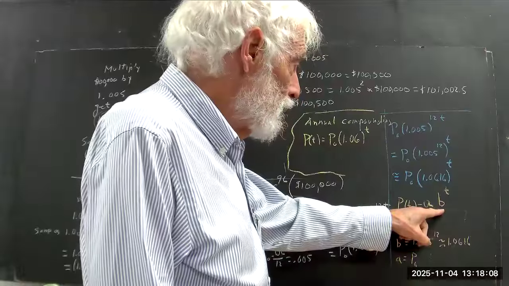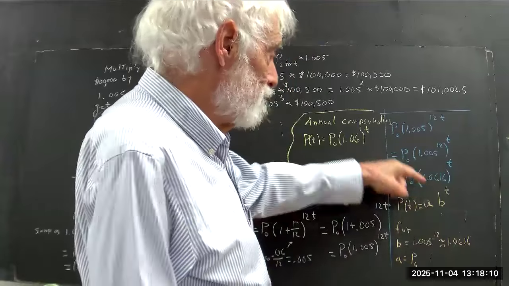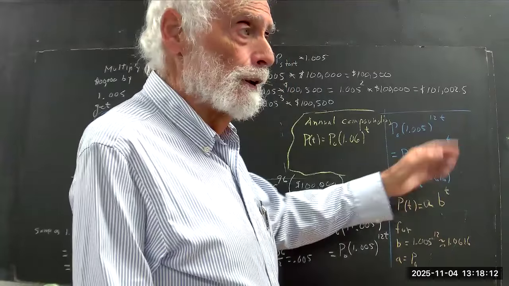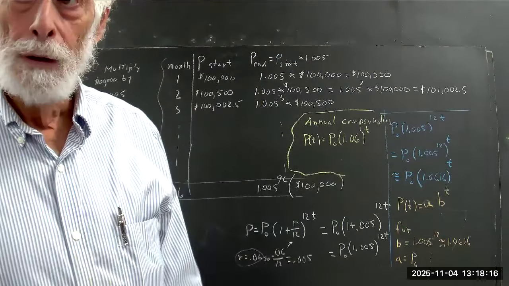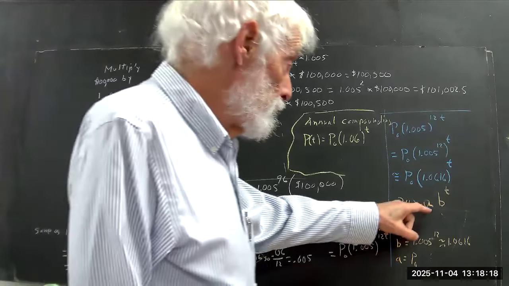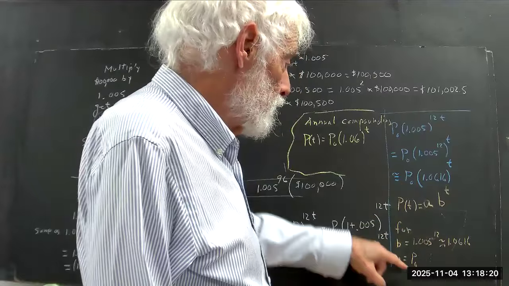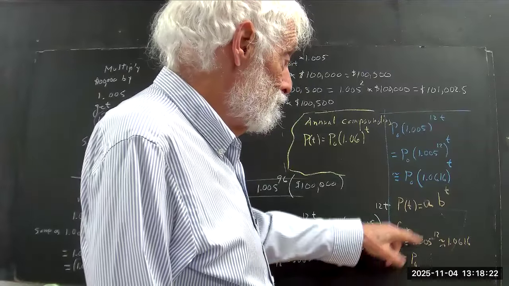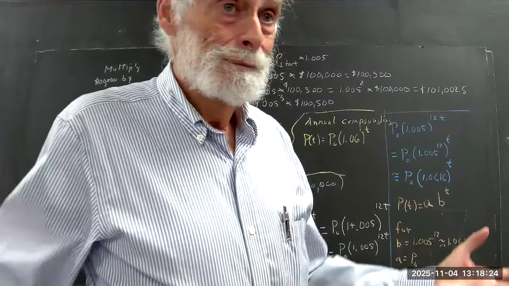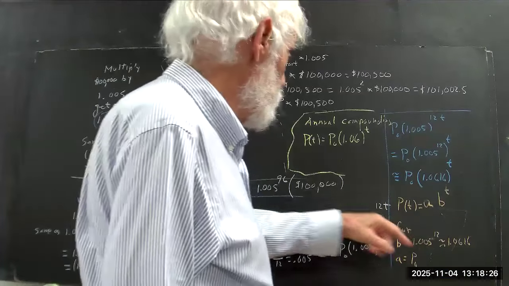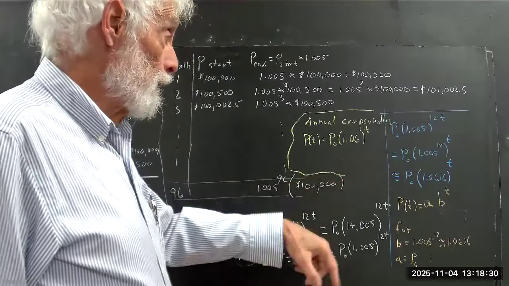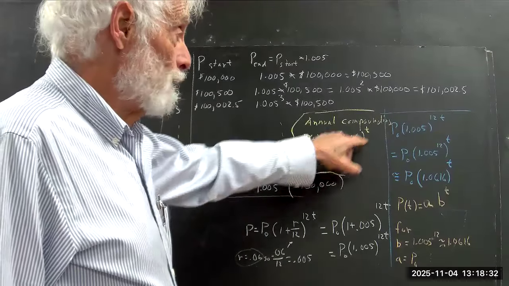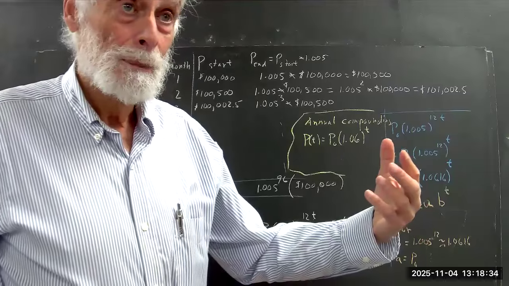Where b is what's raised to the t, that's your 1 plus r, or 1 plus r raised to the nth power, whatever it is. A is your initial investment, and there you have it. So this is just a pretty simple exponential function. That's pretty recognizable. You just have a number times a base raised to the power.